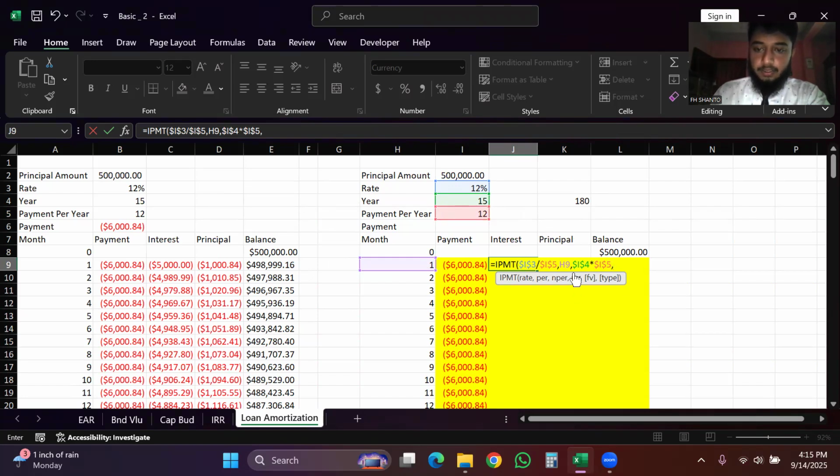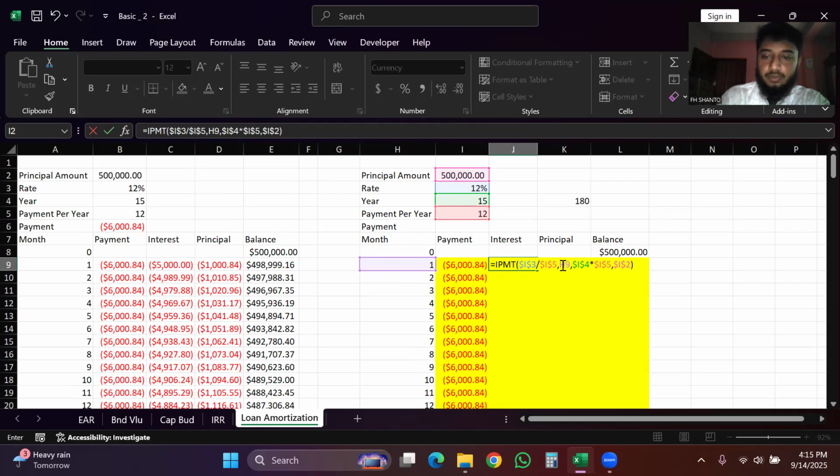Then comma, here is the present value. Here is the principal amount. And we have no future value. It doesn't need to be filled with 0. We will just close the bracket. Here you can see we need a different value for each month, so we don't freeze this cell. That means H9, this one, that is the per value.